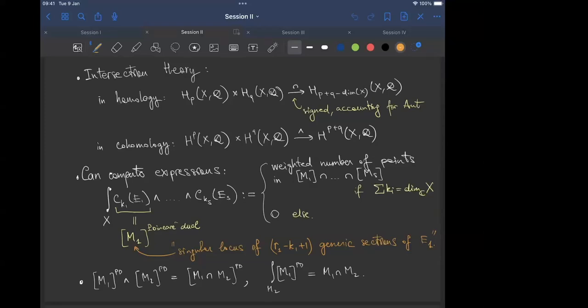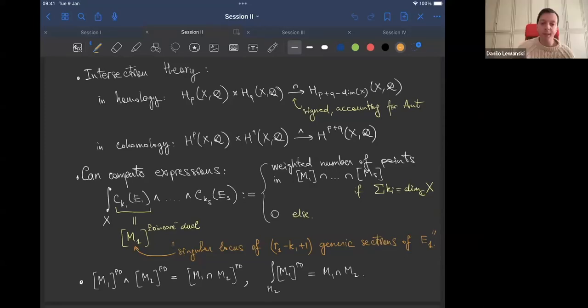And now this allows us to compute many expressions of the form, for example, integrating over X the intersection of the k1 Chern class of some bundle E1, and then you keep intersecting up to the k_s Chern class of the bundle E_s. Now, if you want to perform this computation in cohomology, you can always take the Poincare dual of each of them.